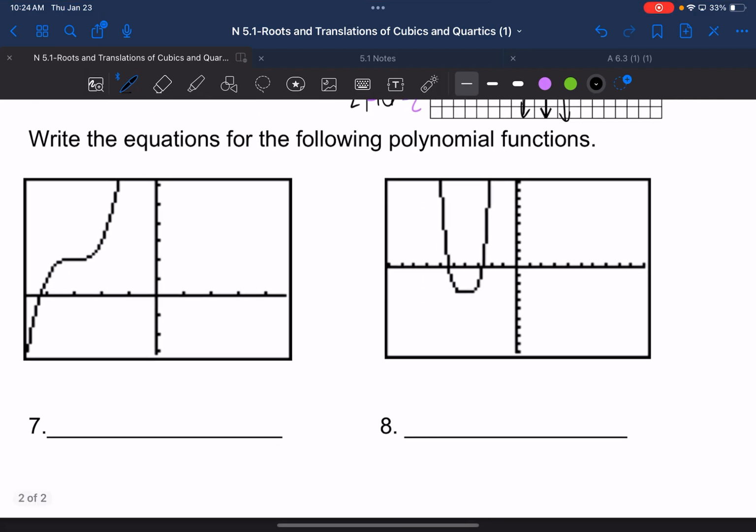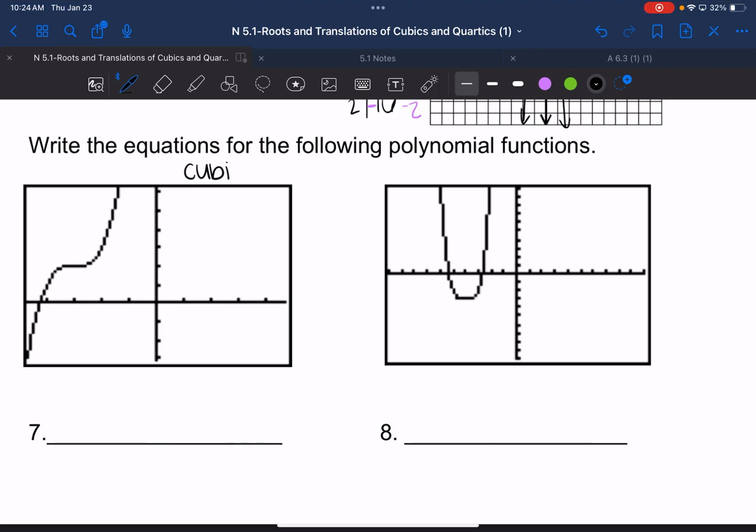Okay, last thing we're going to look at. It says to write the equations for the polynomials that we see here. So remember, we're only talking about cubics and quartics today, so this has got to be one of the two. That first picture, is that a cubic or a quartic function? Cubic, okay. So we know this is a cubic function. All right, and we know that our cubic parent function normally has a point at (0, 0), right?